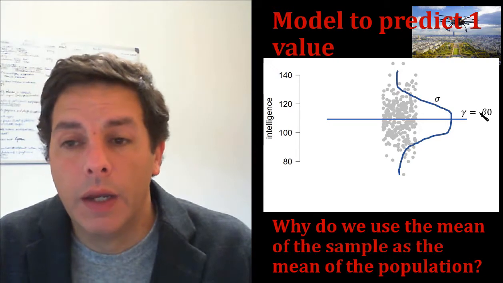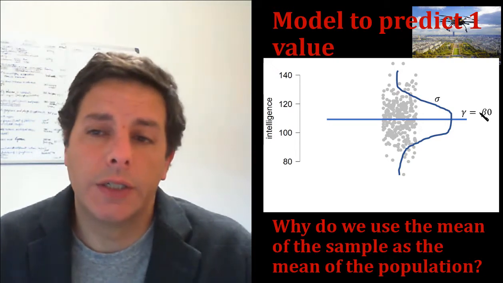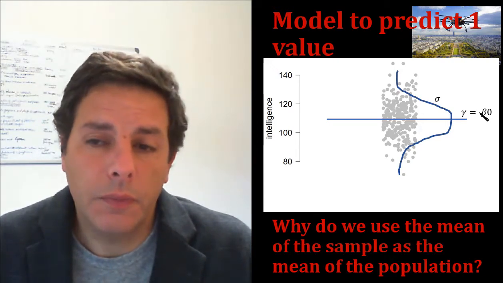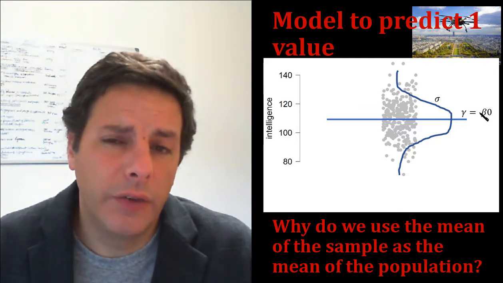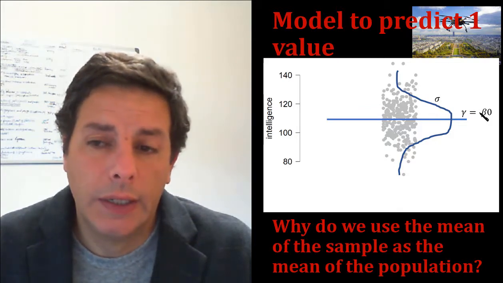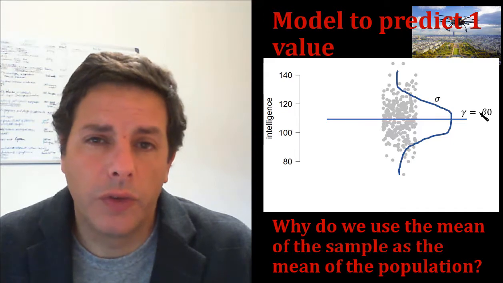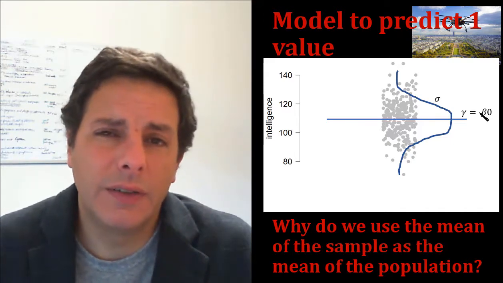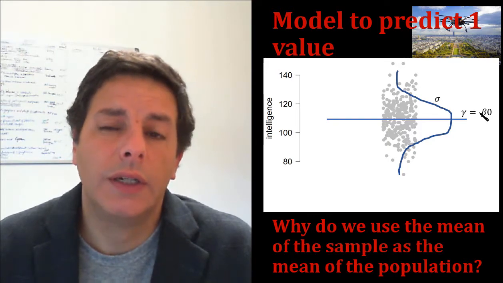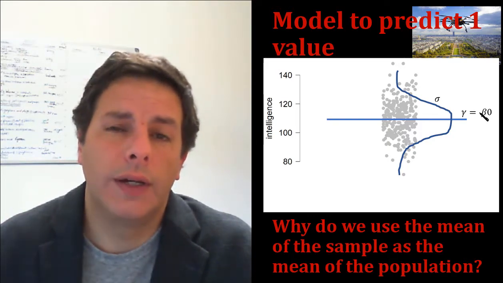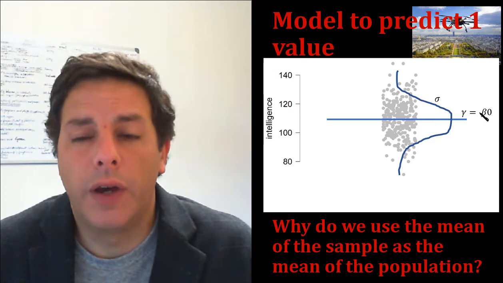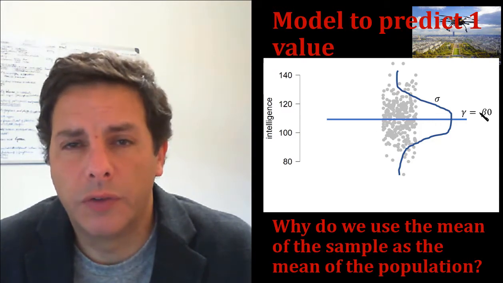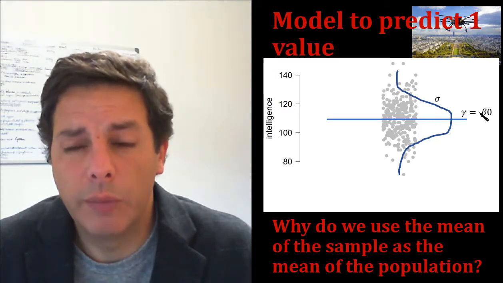I'm not showing this, but the best estimate of the standard deviation of a population is the standard deviation of the sample. The difference is that technically the standard deviation of the sample you calculate with a formula and you divide by n, the number of values in your sample.